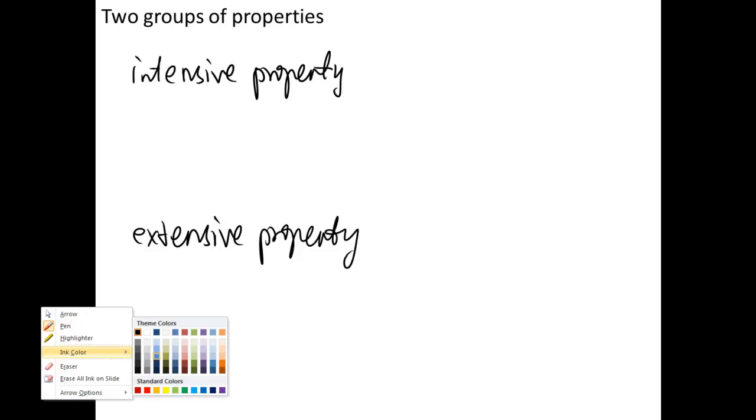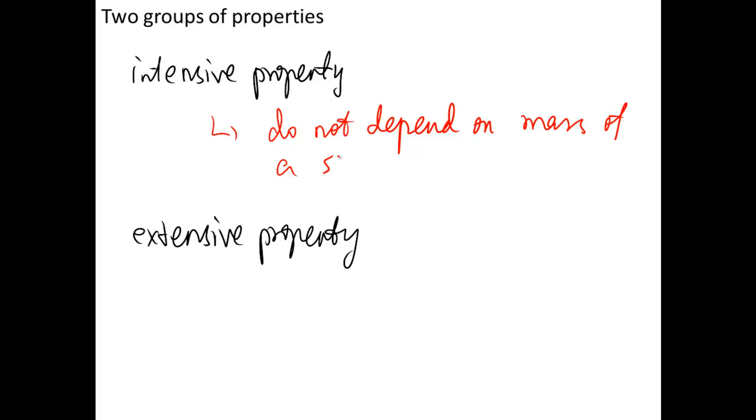So here I change the color into red. We define intensive properties as properties which do not depend on mass of a system, such as temperature T, pressure P, and the density ρ.